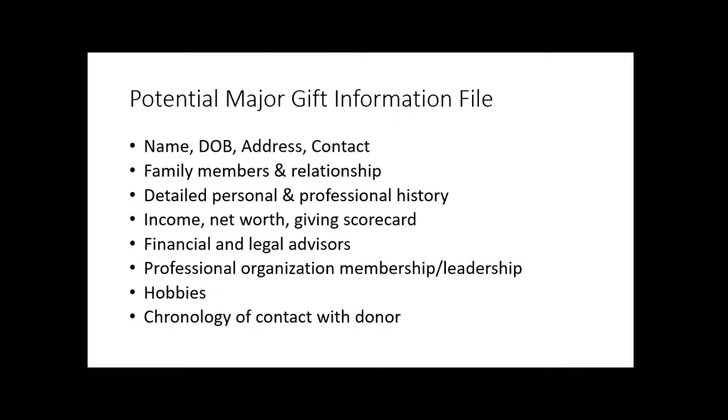What are they a member of? For faith-based communities, what church do they belong to? How are they active? What leadership roles do they have? Ask what their hobbies are. And then construct a chronology of contact with the donor. And it's not just past offers that you've made and asking them for money.